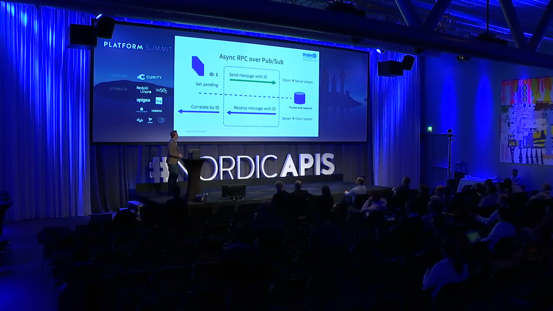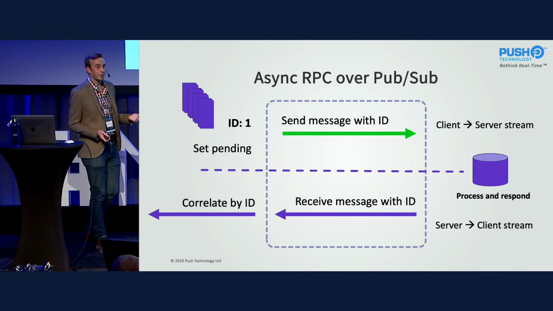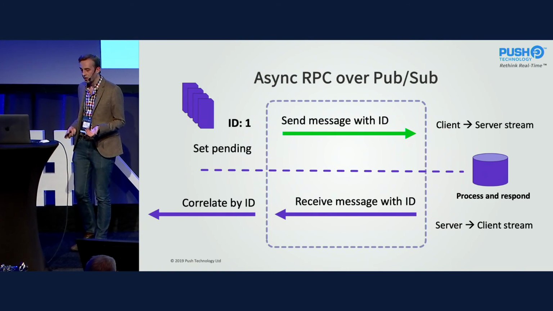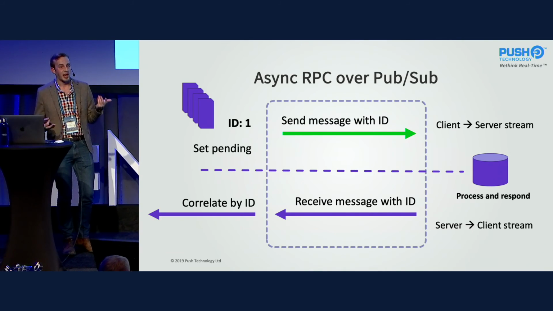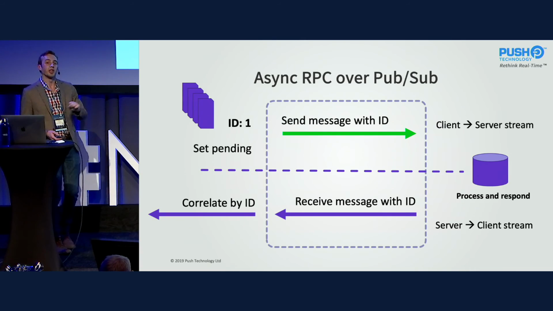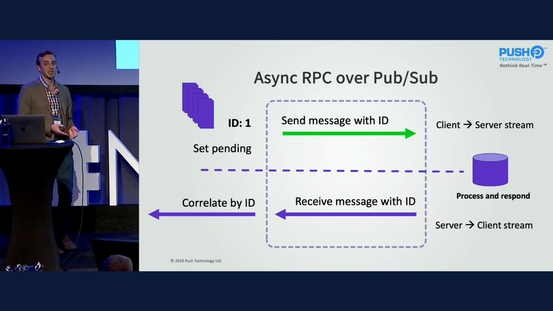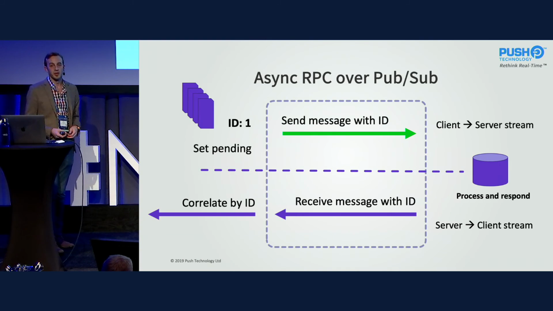The other thing that's interesting is RPC type interactions actually turn out to be pretty useful for developers. Imagine an Uber-style app where you have a real-time stream that's showing you where your driver's location is or where available cars are. But you also need to have a button that you can click to say, place my order.